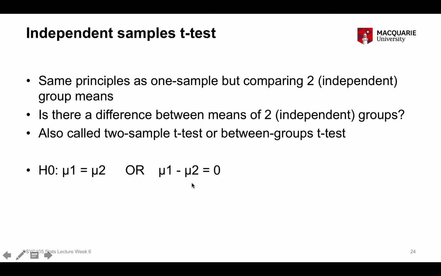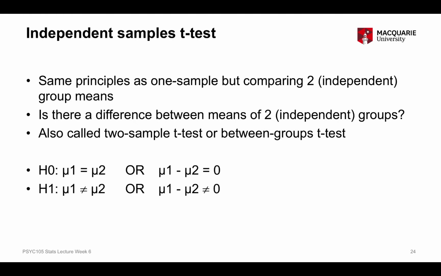The other way of expressing that exact same thing is, using a little bit of algebra, to say that the difference between the two mean scores is equal to 0. Hopefully you can see that mu1 equals mu2 is mathematically exactly the same as saying mu1 minus mu2 equals 0. Those are two equivalent ways of representing the null hypothesis.